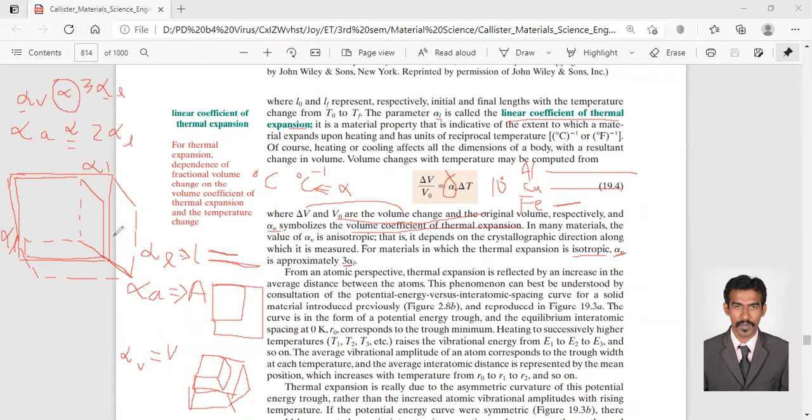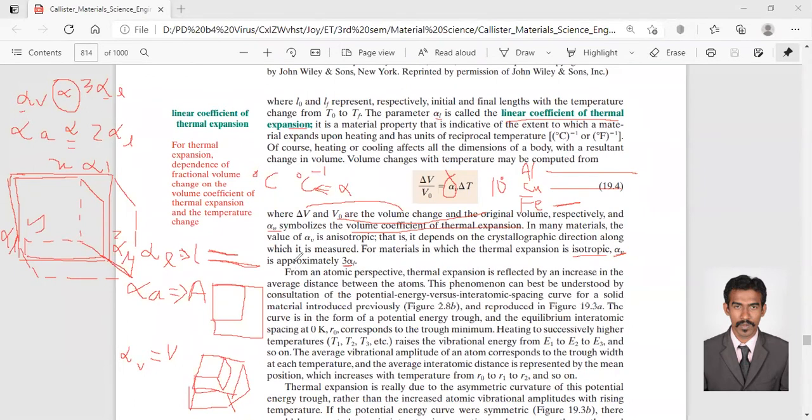This way another alpha L, and this way down the z-axis also I have an alpha L. So if I say this is the x-axis, this is the y-axis and this is the z-axis, in the x-axis I have alpha L, in the y-axis I have alpha L, and in the z-axis also I have alpha L, which means now I have 1, 2 and 3 alpha L. So that's why alpha V can be written as 3 alpha L. That's why it's stated that for materials in which the thermal expansion is isotropic, alpha V is approximately 3 into alpha L, right?